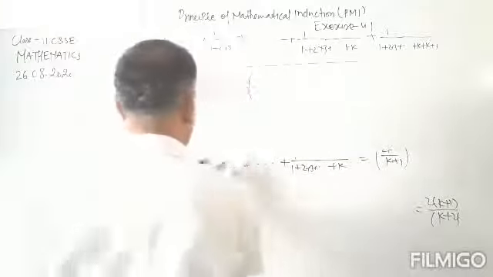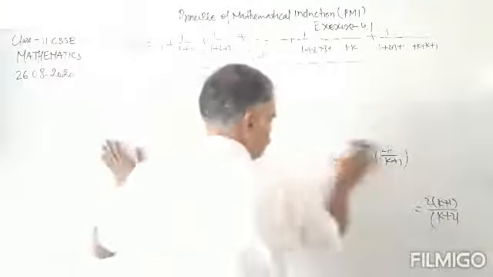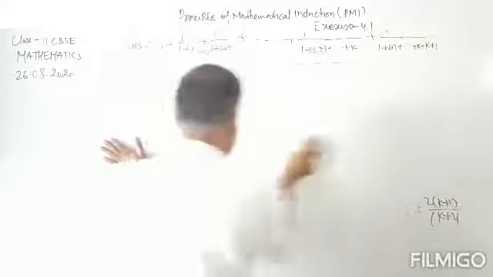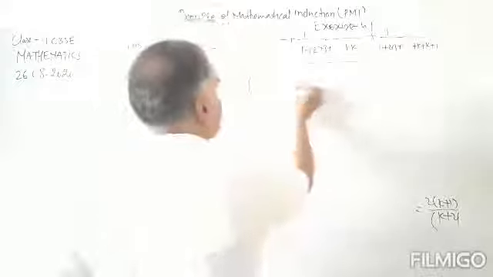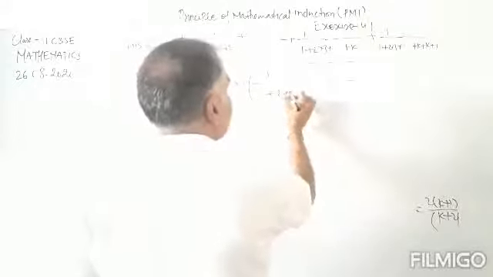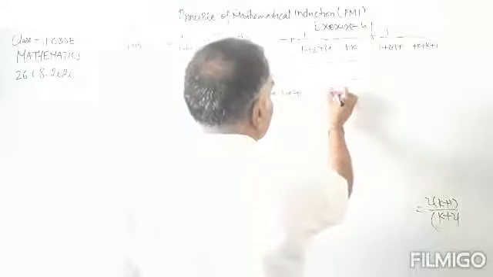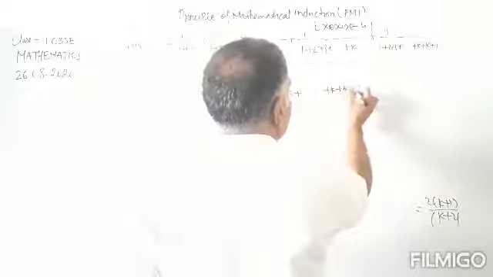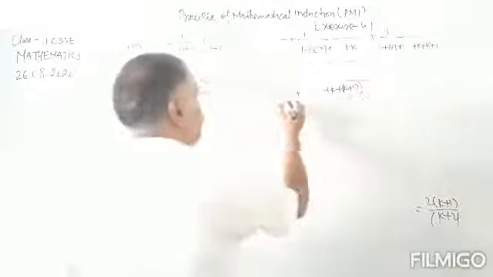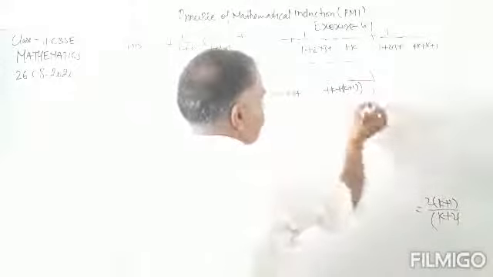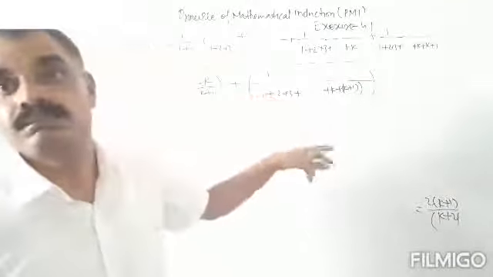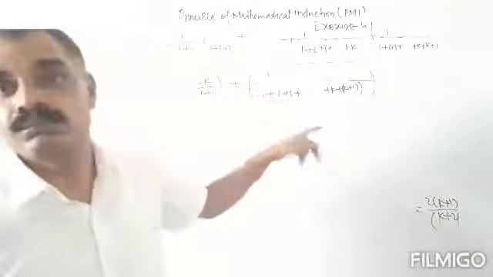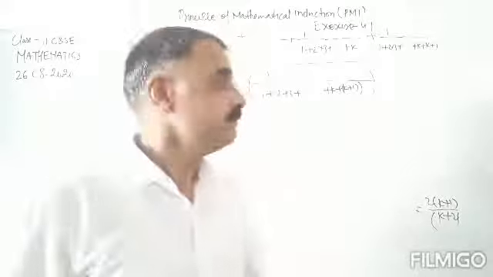What is the remaining term? The remaining term is 1 upon 1 plus 2 plus 3 plus k plus 1. Now what is the value of this sum? 1 plus 2 plus 3 plus k plus 1. Do you know?